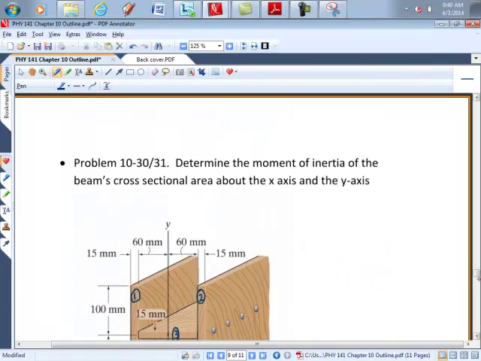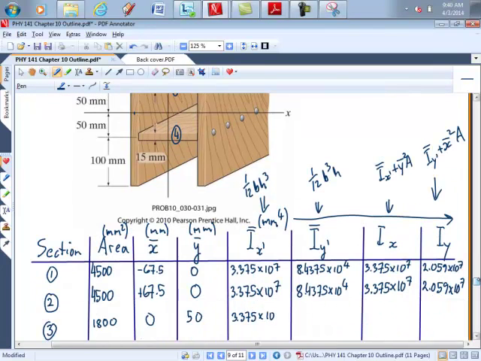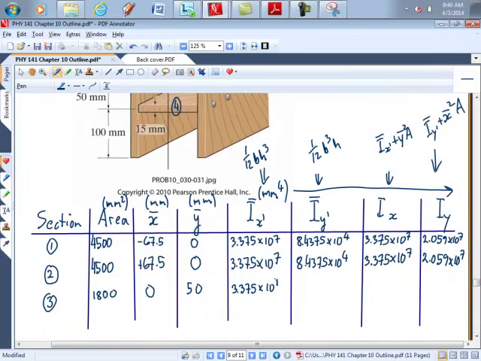Okay. Must be a mistake then. 10 to the 4. All right. And then that's not going to be the same. So if we apply the parallel axis theorem to that, we would add y bar, which is 50 squared times 1800.